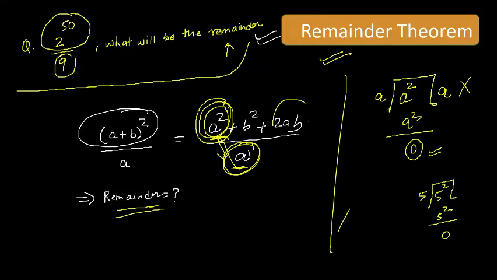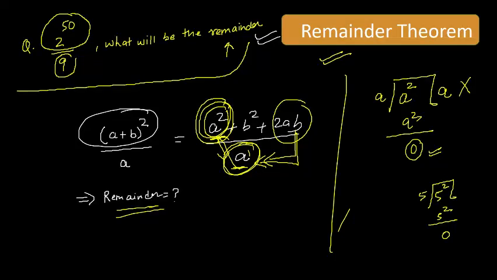Now tell me this part. When I divide 2ab by a, what will be the remainder? Tell me, if 2ab is divided by a, what will be the remainder? Now don't tell me 2b.